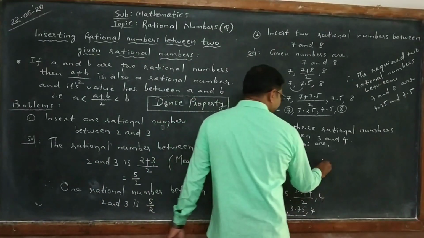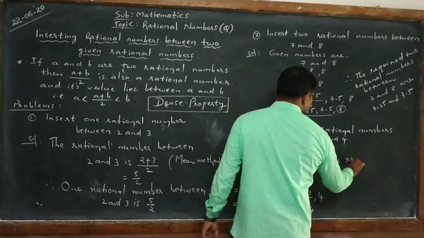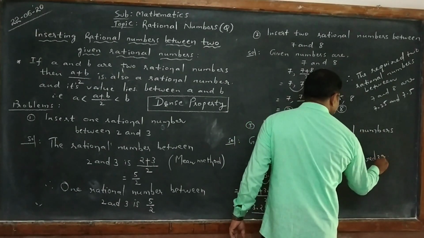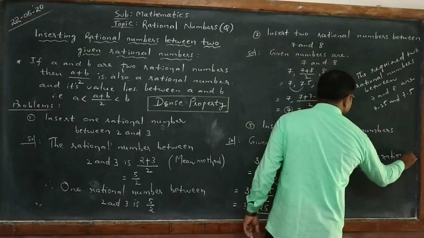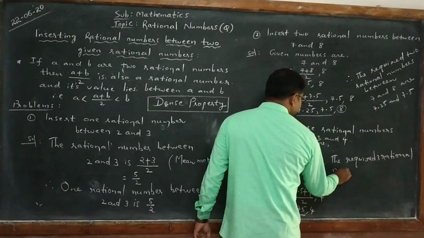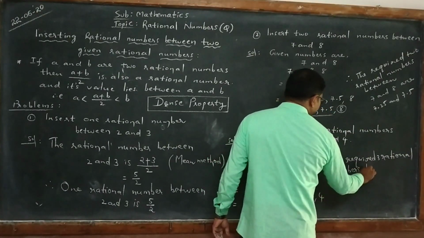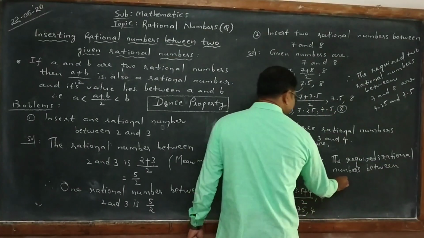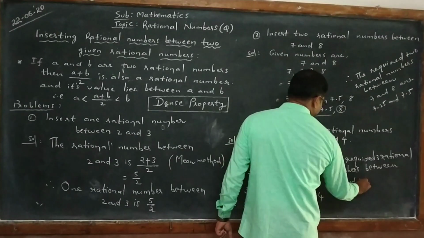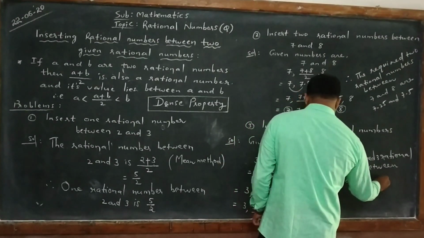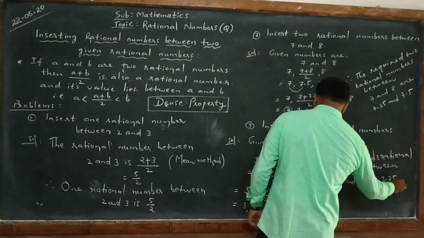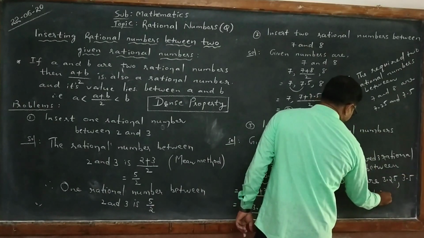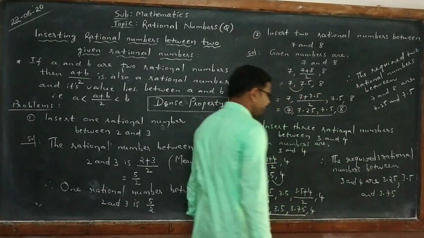Therefore the required three rational numbers between 3 and 4 are 3.25, 3.5 and 3.75.